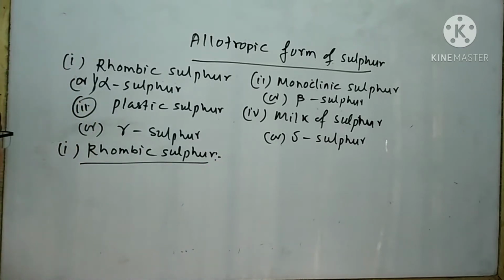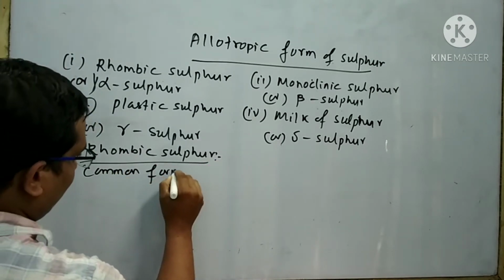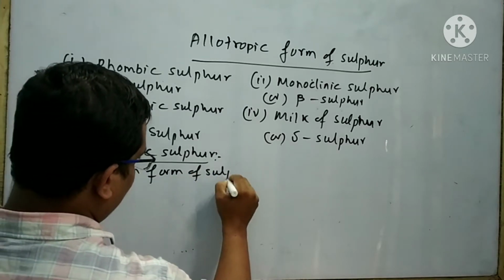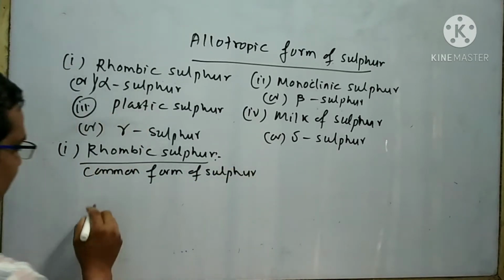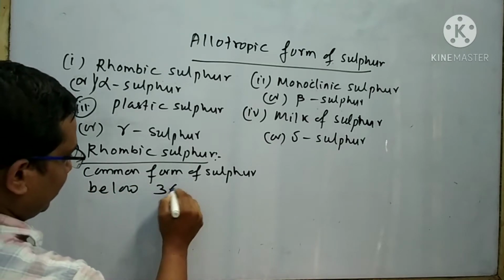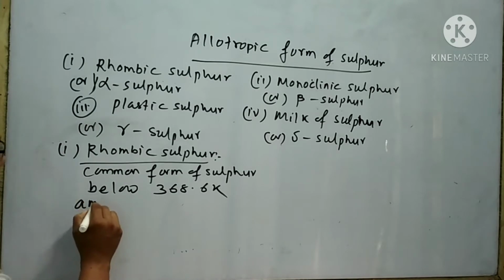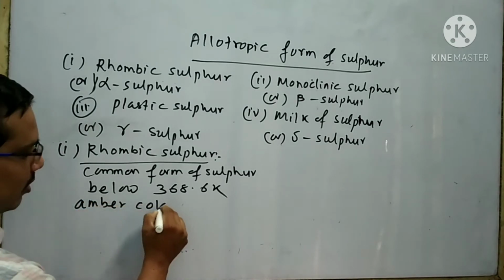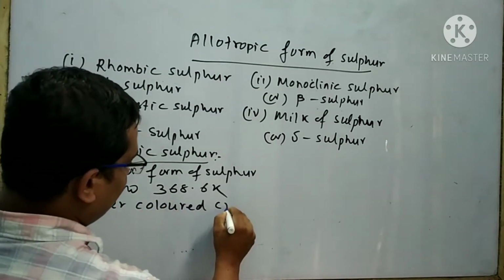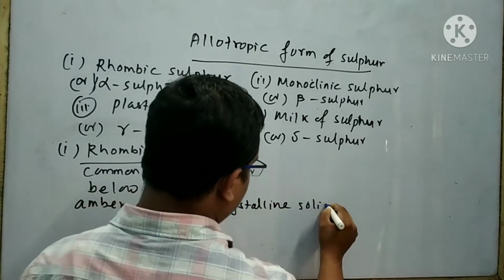Rhombic sulfur is the common form of sulfur. It is stable below 368.6 Kelvin. It is an amber colored crystalline solid.